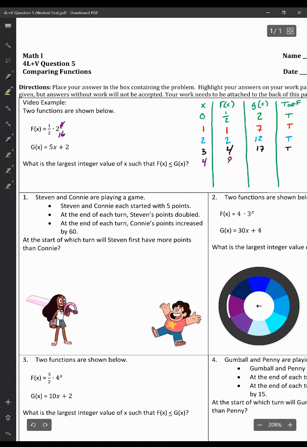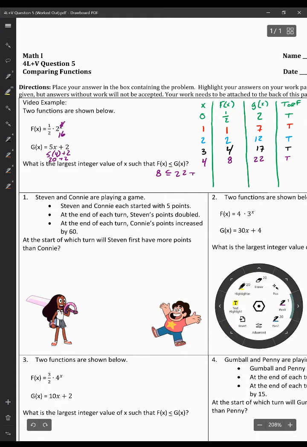So I'm going to put an 8 here. And then we're going to plug in 4 because x equals 4. 5 times 4 is 20, and 20 plus 2 will give us 22. So now we have 8 is less than or equal to 22, and that is true.